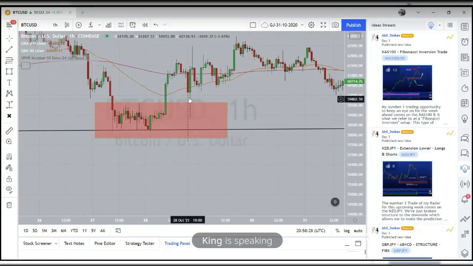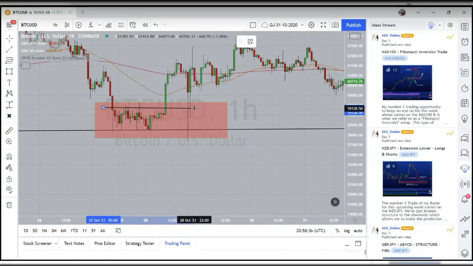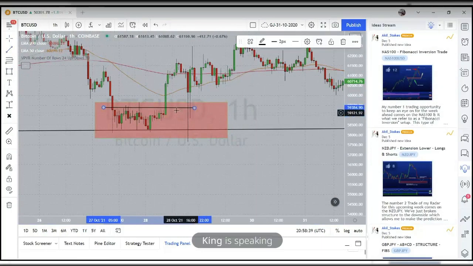So for this move, you can see the high of the range is somewhere around here.